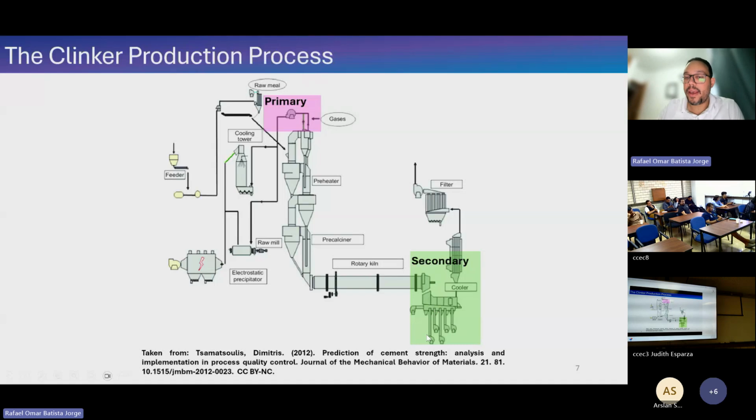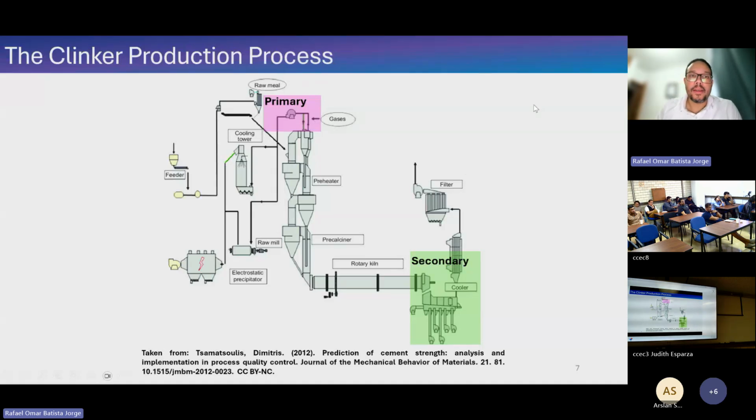Then we have a set of fans that are blowing so they can cool the clinker before it goes to the cement silos for continuing the process of cement production, right? So we have two possible sources, and in both cases, they are low quality heat sources, under 300 Celsius degrees.